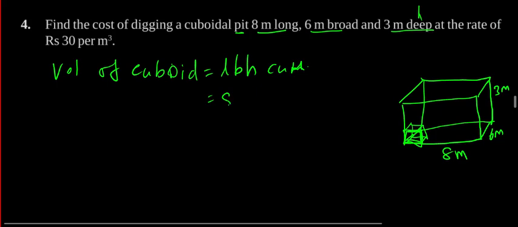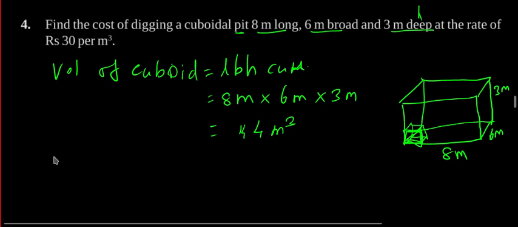L is 8 meter, breadth is 6 meter and the height is 3 meter. It will become 8 6s are 48. 48 into 3, 144 meter cube. Okay. So the volume of this cuboidal pit is 144 meter cube.